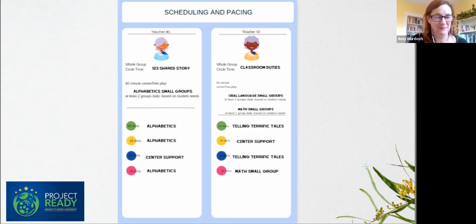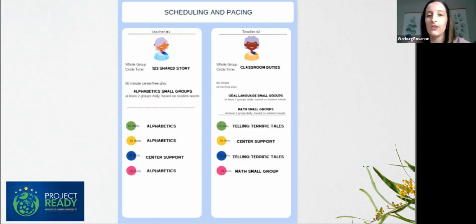Okay, so here you can see teacher two during that whole group circle time is responsible for classroom duties, so checking backpacks or helping students sit quietly on the rug, whatever is needed during that time. Then teacher two, during the oral language small group routine, looks like they're doing telling terrific tales, some center support, and a math small group.